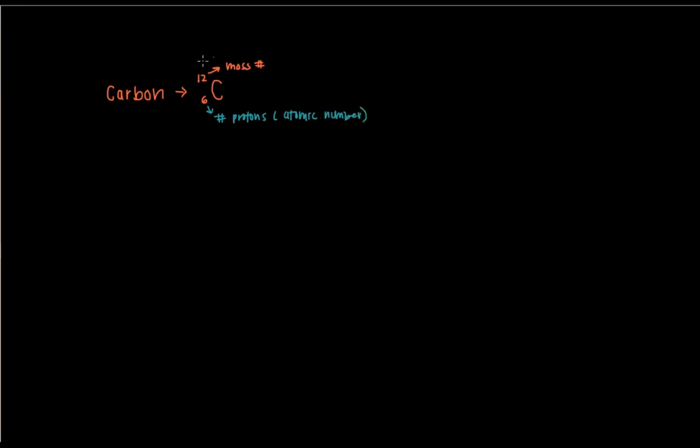This is what the most abundant isotope of carbon looks like. So what is an isotope? Isotopes are different atomic forms of the same element. So for instance, carbon, its number of protons usually stays the same. But then in an isotope, the mass number could change.